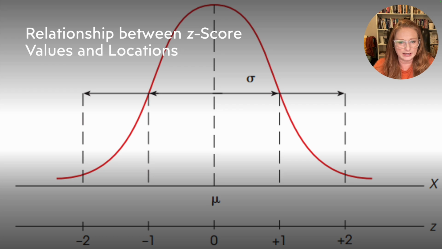It can keep going both ways. If you scored a 56, you are 2 standard deviations below the mean. Your z-score is -2. If you scored a 96 and the average was 76, your z-score is +2, because you're 2 standard deviations above the mean.